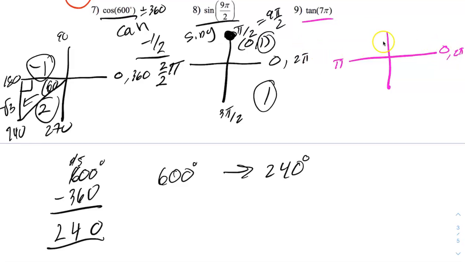So 0, pi, 2 pi, 3 pi, 4 pi. If I saw 9 pi, I already know it's going to be on this side. And then just like before, I have to find the point. That point is negative 1, 0. Here's my x, my y. What is tan? Tan is sine over cosine. Sine is y and cosine is x, so it's y over x. So this would be 0 over negative 1, or just 0.